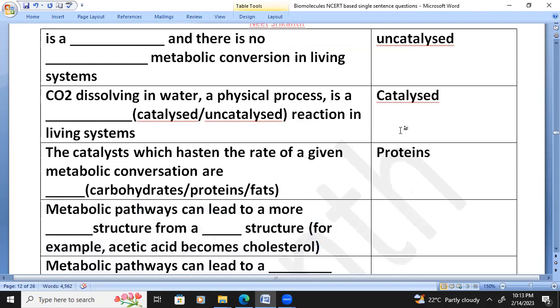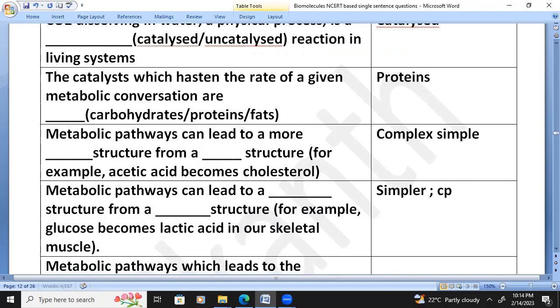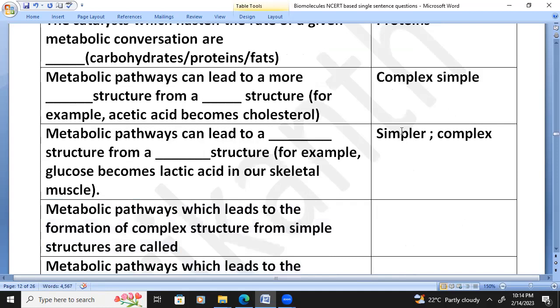Metabolic pathways can lead to more complex structures from simple structures, for example, acetic acid becomes cholesterol. Metabolic pathways can also lead to simpler structures from complex ones, for example, glucose becomes lactic acid. Metabolic pathways which lead to the formation of complex structures from simple structures are called biosynthetic or anabolic pathways.